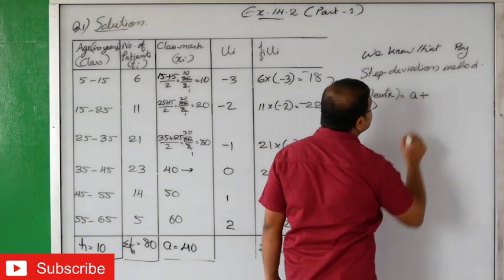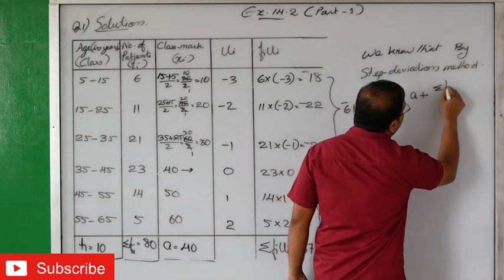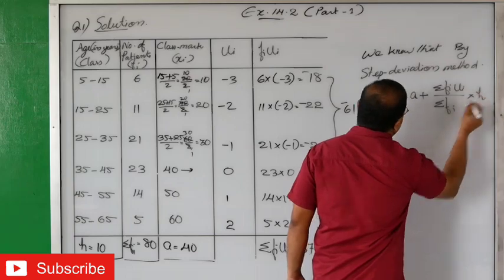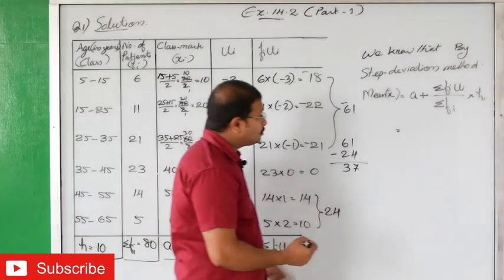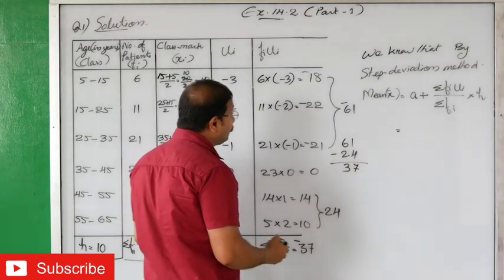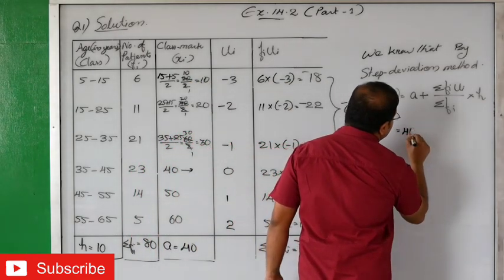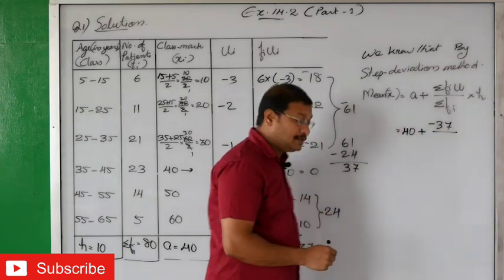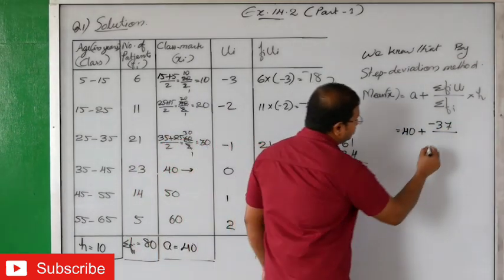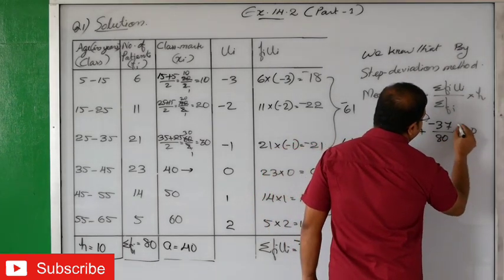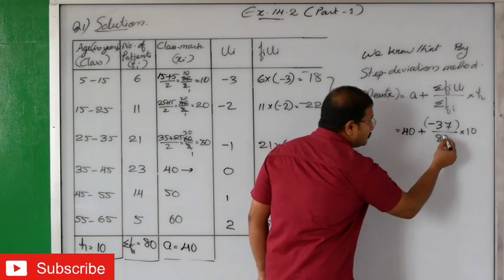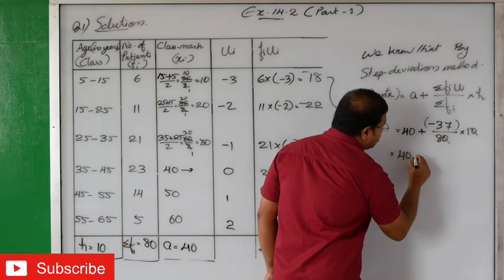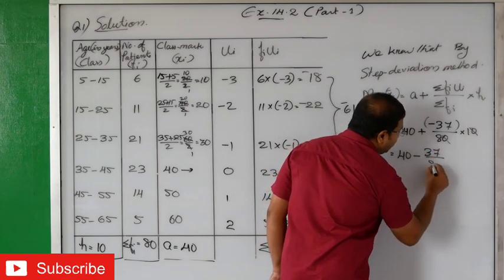Yes, A plus sigma fi ui by sigma fi into h. I hope you know the formula. So what is the value of A? Yes, we got 40, isn't it? So 40 plus sigma fi ui, minus 37, divided by sigma fi, which is 80, into h, 10. Ready? Now the 0s will cancel. The balance is 40 plus into minus, minus 37 by 8.